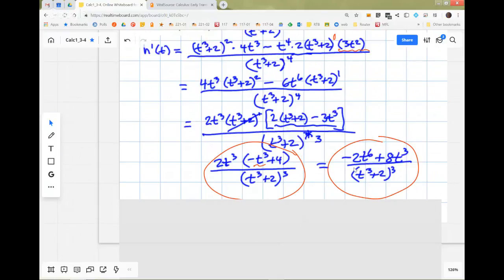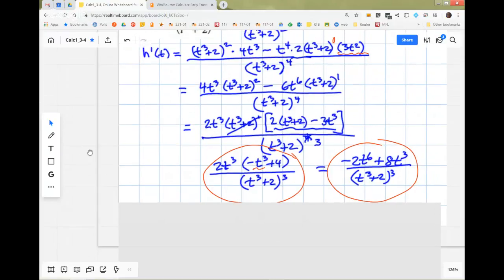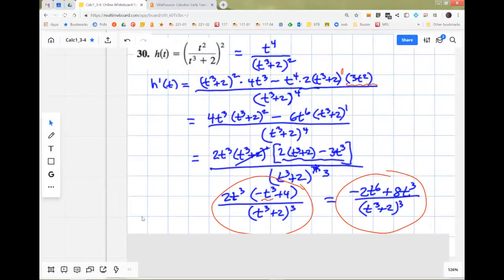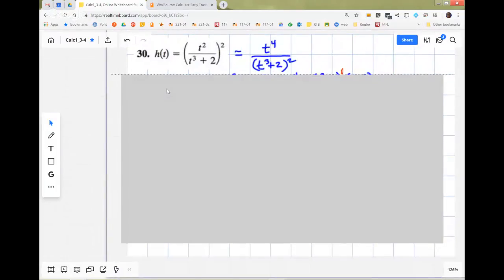And you could have it either one of these two circled ways, would be just fine. Questions or comments? Okay.